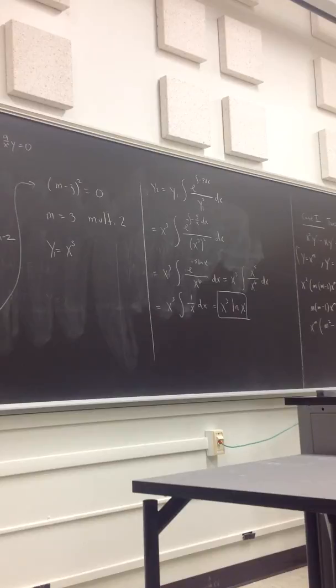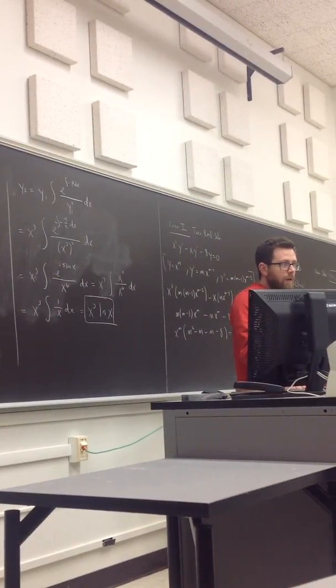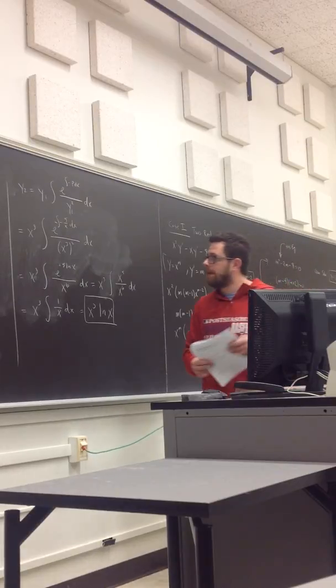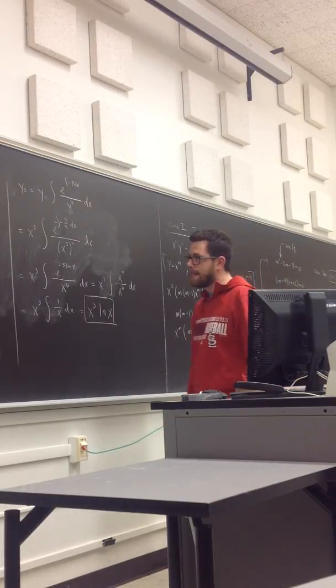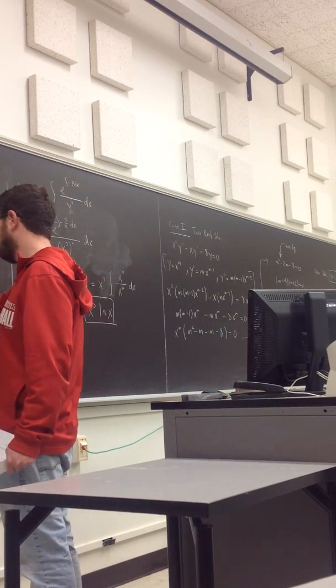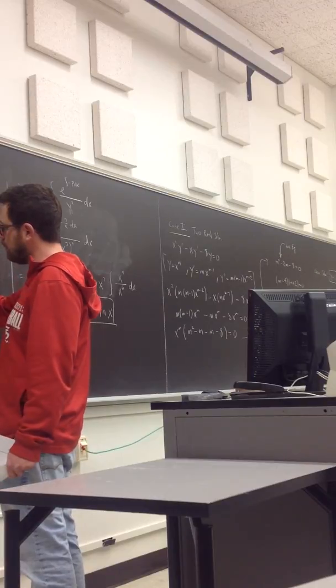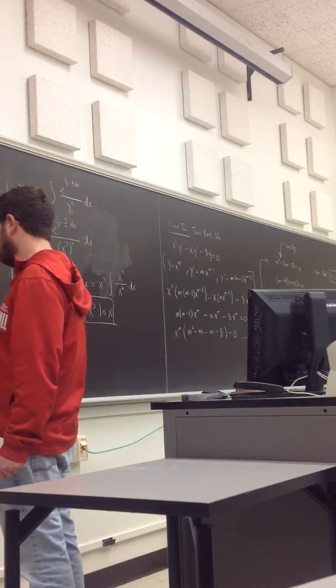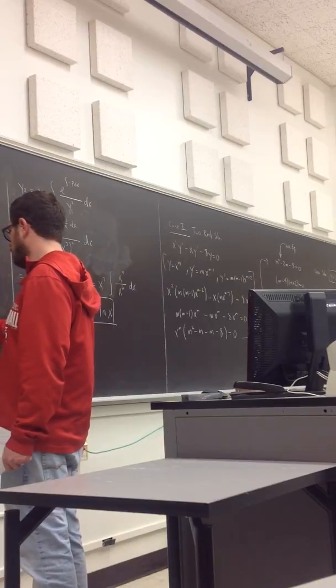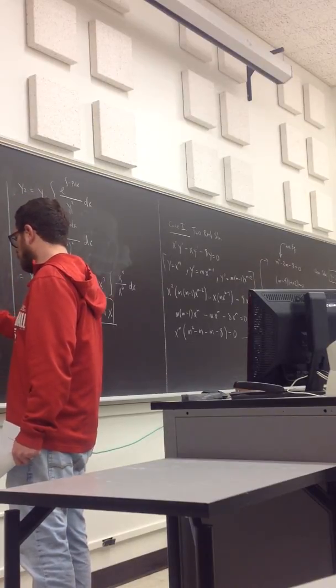So, like before, if you have a repeated solution, you can find the additional solutions that you need by repeatedly multiplying by x. Now, instead of repeatedly multiplying by x, you repeatedly multiply by natural log x. So what is the general solution? The general solution is c1 x cubed plus c2 x cubed ln x.